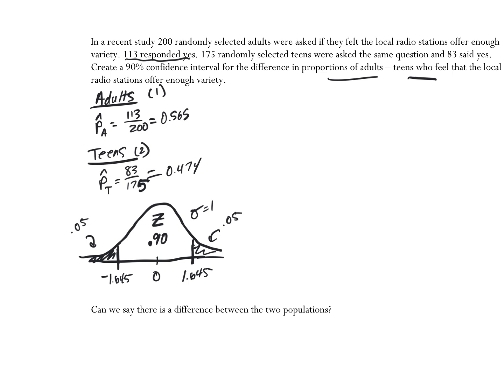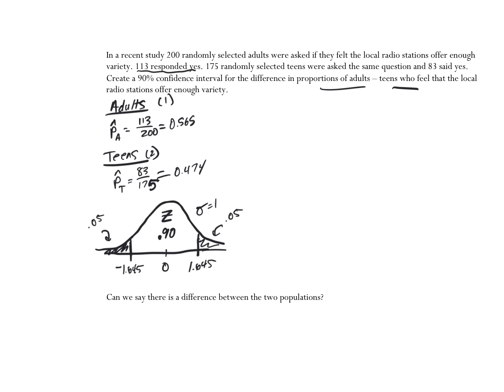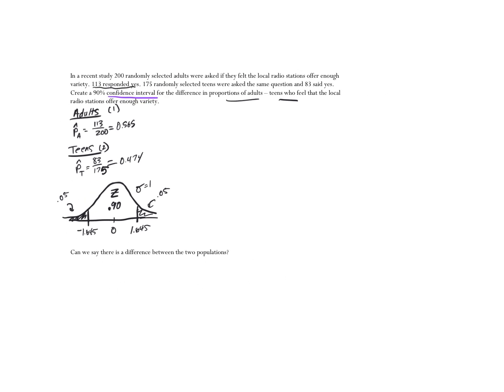All right, next, we actually have to calculate the interval. Y'all, the phrase interval means you should have two numbers. Interval means between two numbers, yes? Now, in our calculator, to find said interval, we're going to choose the 2-prop z int. You're going to have to scroll to get to it.